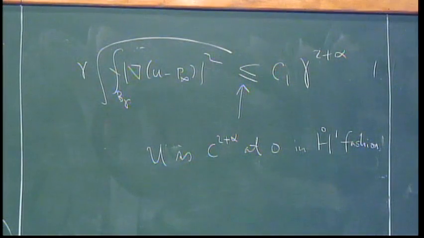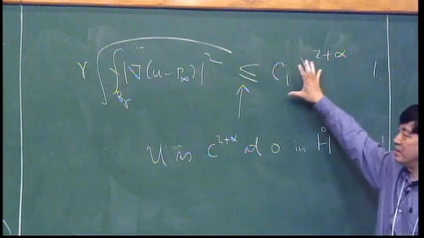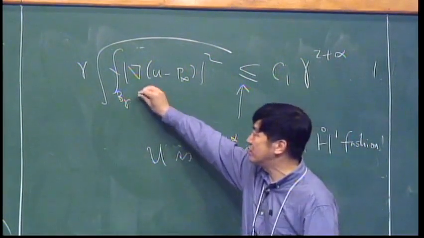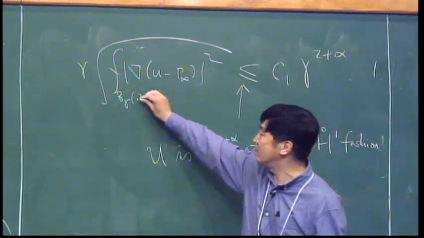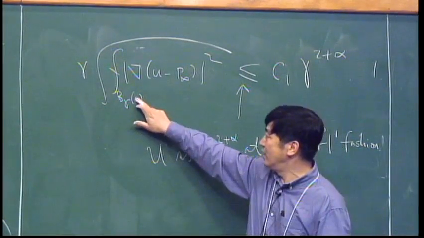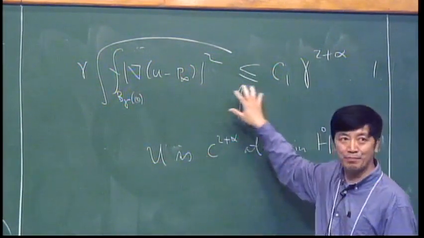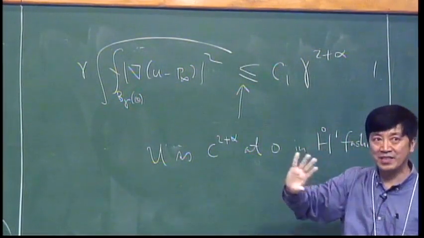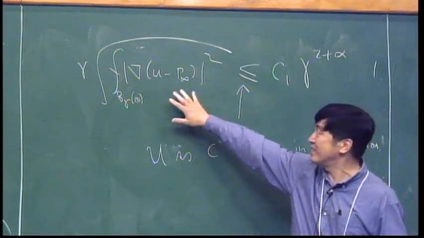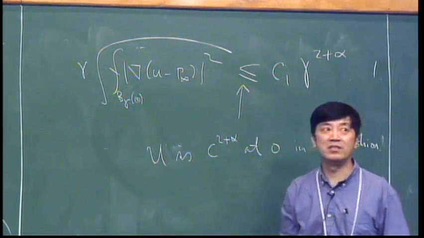Then in the 60s, the Italian mathematicians, Campanato and his colleagues, proved that if this kind of estimate holds, of course, this doesn't mean U is C2 alpha at the origin. All the geometrical imagination suited by this inequality is correct, but it can be wild because it's only measured by this energy.